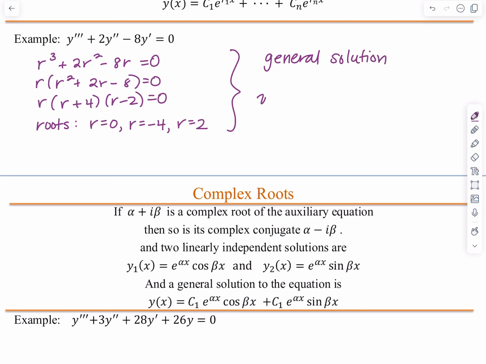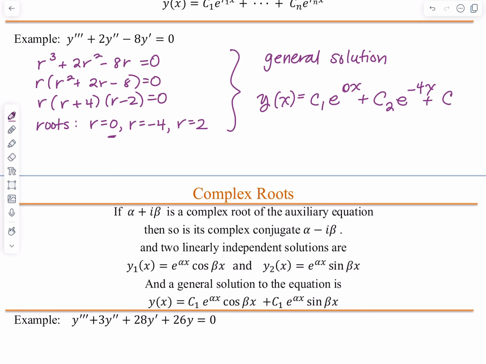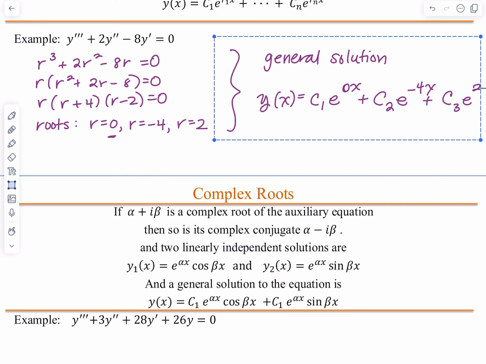Therefore, we have our general solution as y of x equals, and here we'll just have c1 since we have e to the 0x, plus c2 e to the negative 4x plus c3 e to the 2x.